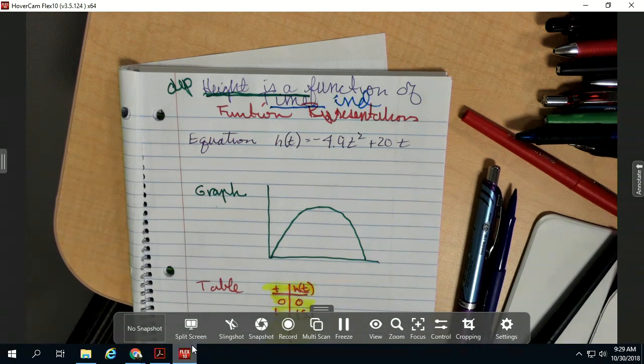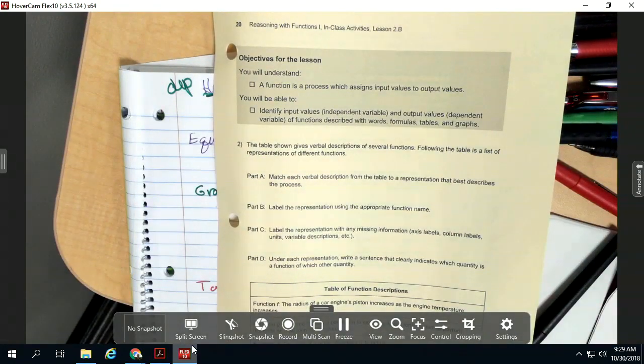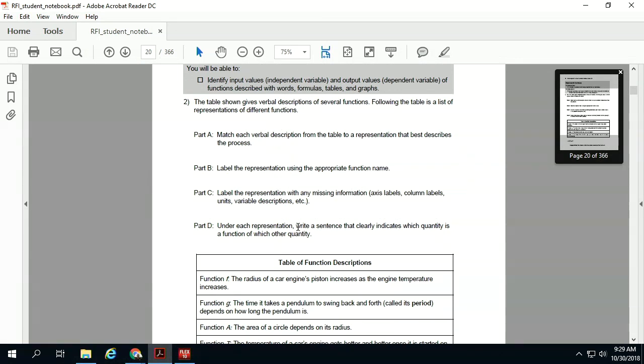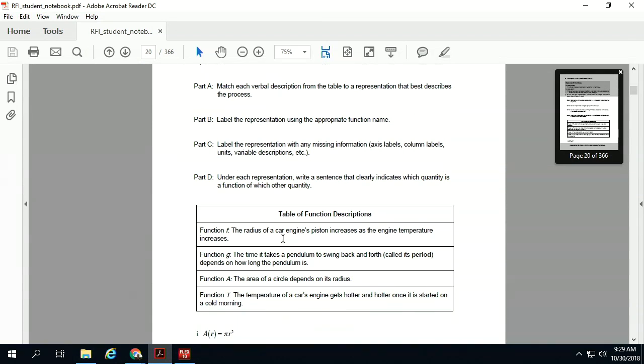Page 20, 21, and 22 says on page 20, this table below tells us about 4 different functions.